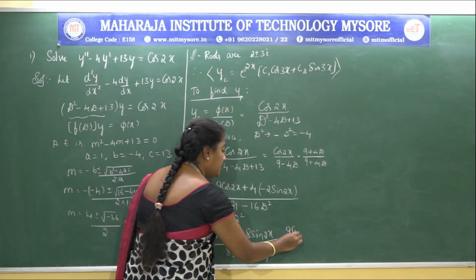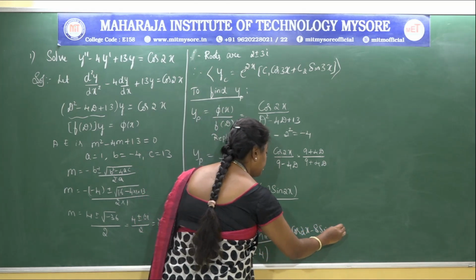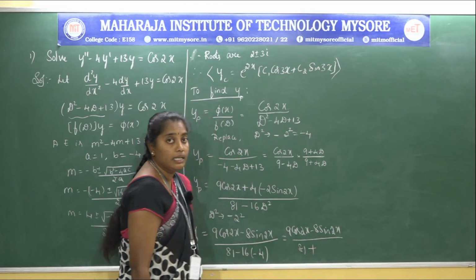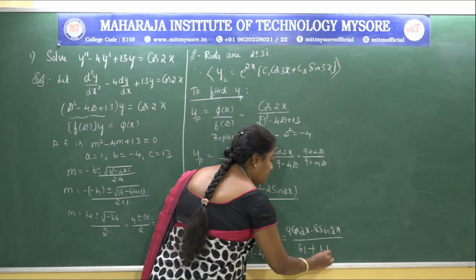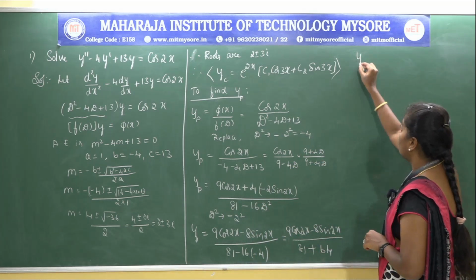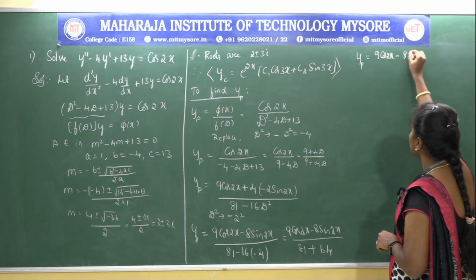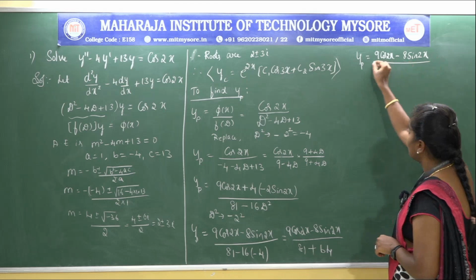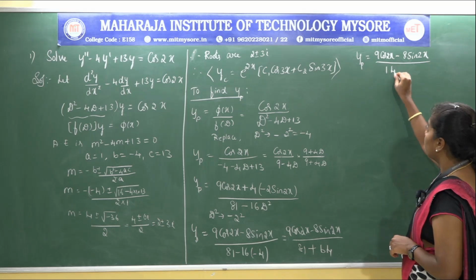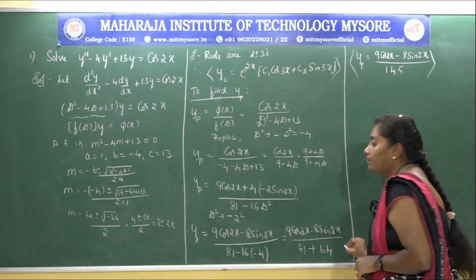Simplifying this, we get 9 cos 2x minus 8 sin 2x divided by 81 minus of minus, that is plus 16 into 4, which is 64. So in the denominator we have 81 plus 64, which is equal to 145. The value of yp is 9 cos 2x minus 8 sin 2x divided by 145. This is the value of the particular integral for the given problem.